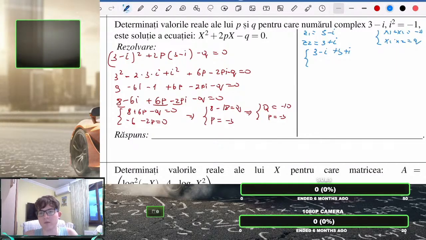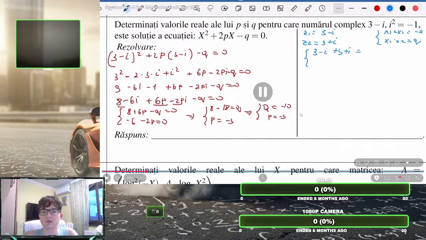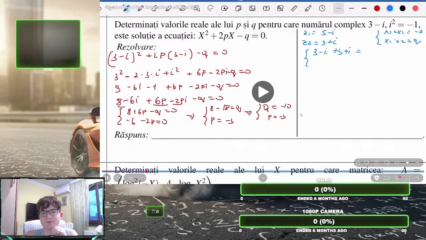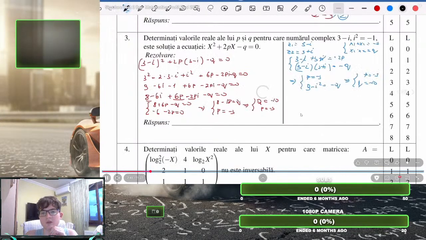And so we have x1 plus x2 is going to be equal to minus b, and that is going to be equal to q. Sounds pretty tough, so honestly, forget this method. I'm just gonna get this stuff and that's it.